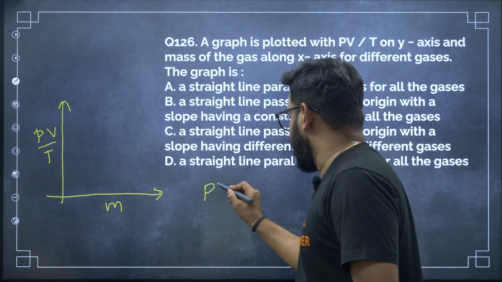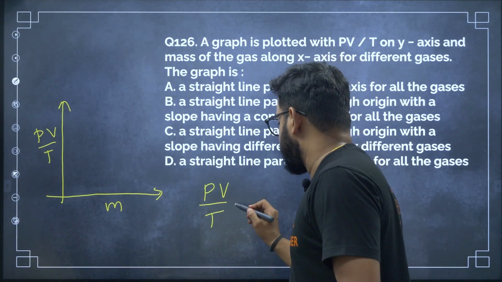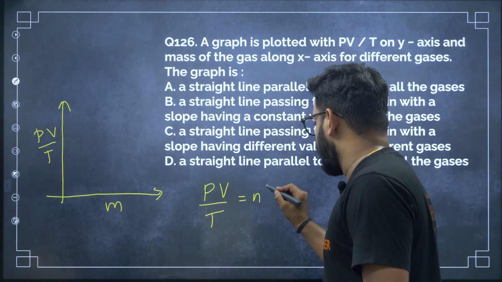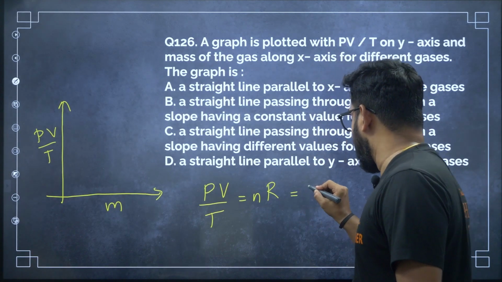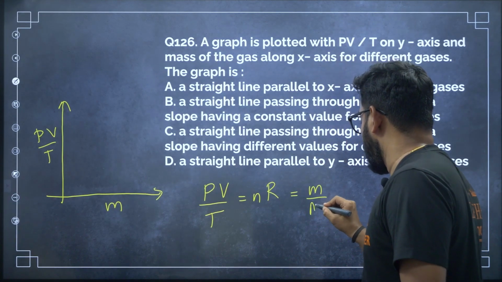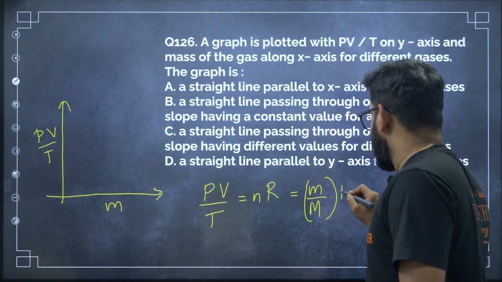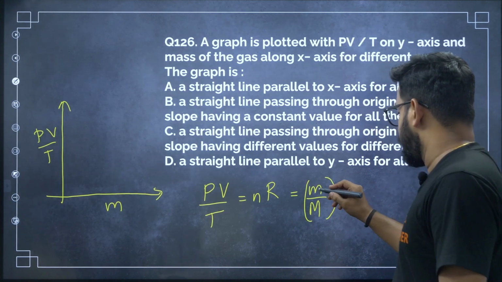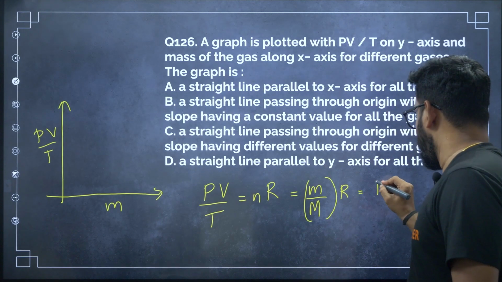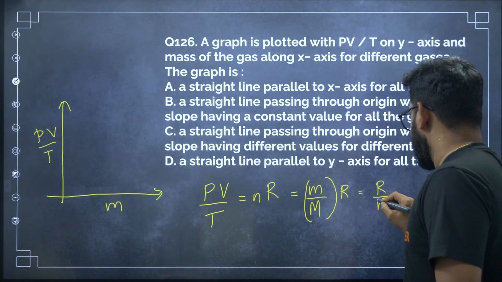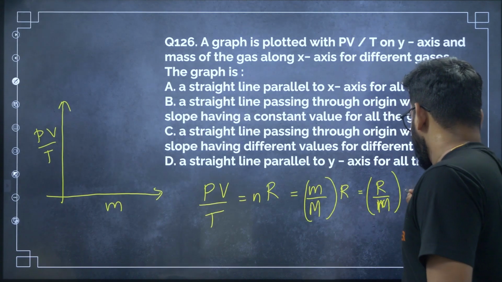So PV by T according to the ideal gas equation is equal to nR, number of moles into R, the gas constant, right? And number of moles is simply calculated by given mass by molar mass. Now let's isolate given mass because that is our x-axis, and R by M, molar mass.